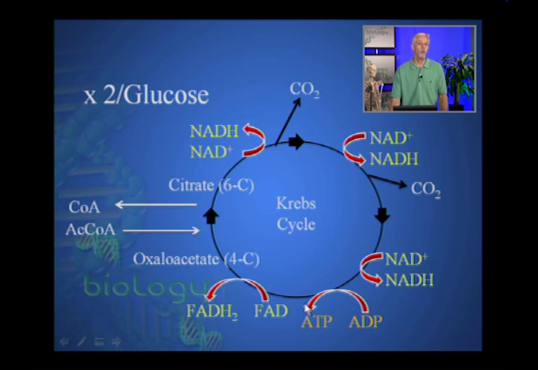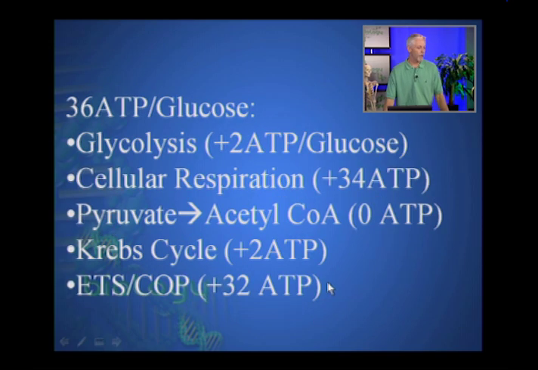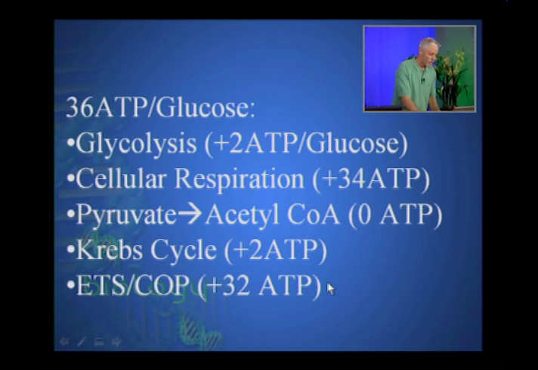ATP is generated at one point in this Krebs cycle as well. So since we start with 1 glucose, that'll generate 2 acetyl coenzyme A's, so that really means we get 2 turns of this cycle. So 2 ATPs are generated by the Krebs cycle for each glucose that we start with. Okay, and let's go ahead and look at the animation now to look at these steps.